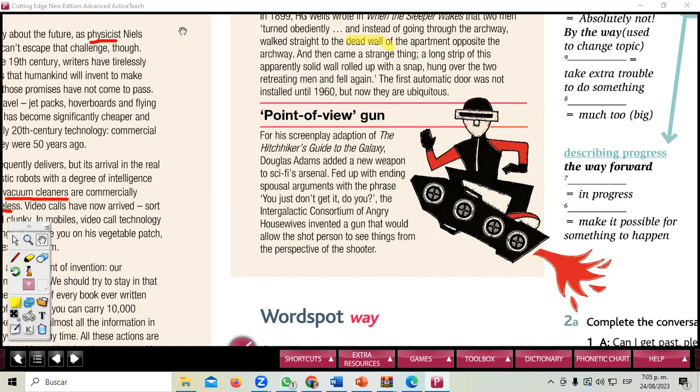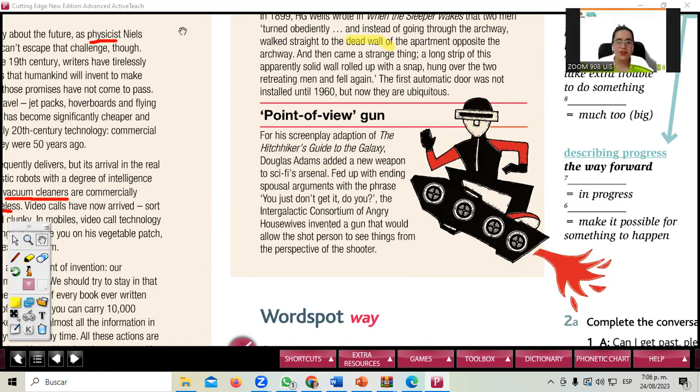Fed up with ending spousal arguments with the phrase, "You just don't get it, do you?" the intergalactic consortium of angry housewives invented a gun that would allow the shot person to see things from the perspective of the shooter.